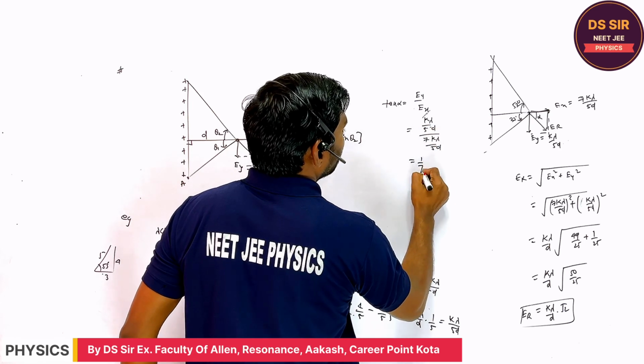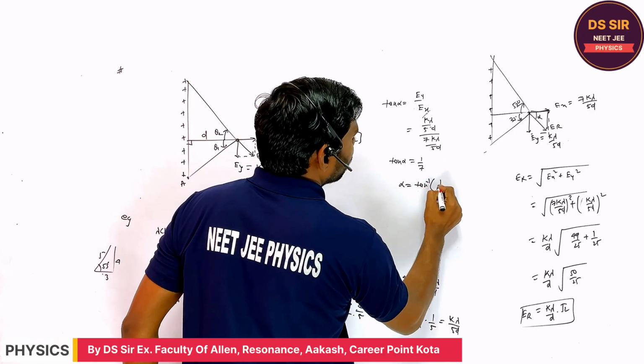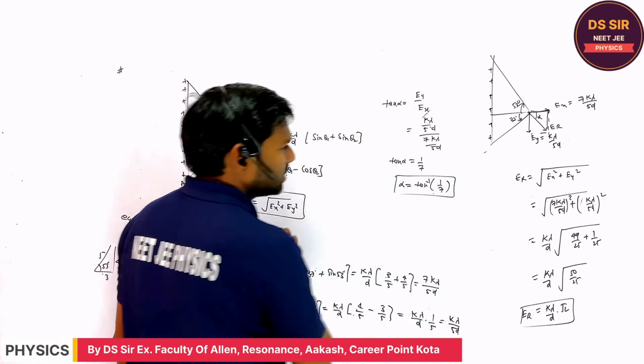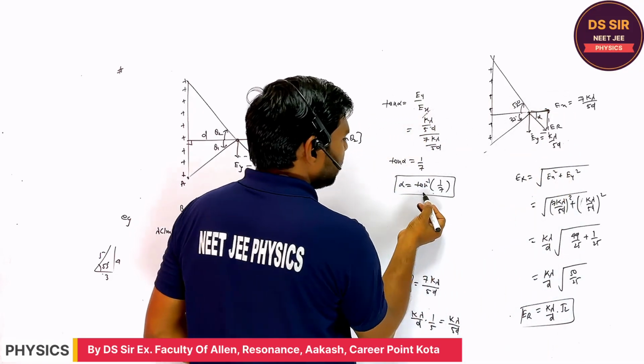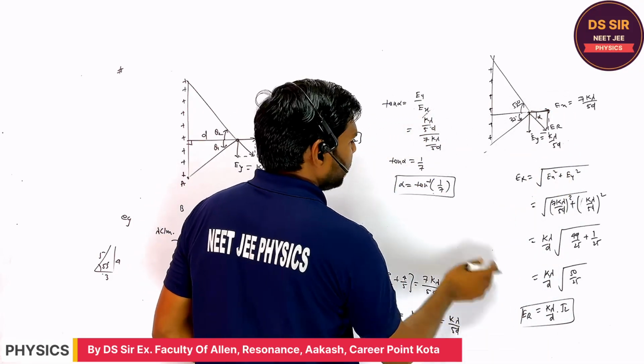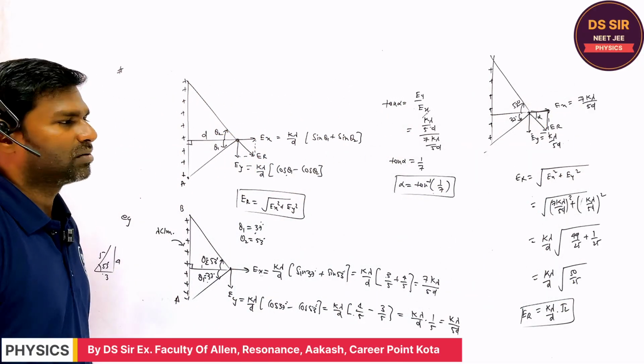Right, so tan alpha is equal to 1 upon 7. So alpha is equal to tan inverse 1 upon 7. Is it clear or not? So this is the magnitude of the resultant electric field, and this is the angle made with the horizontal. Is it clear or not?